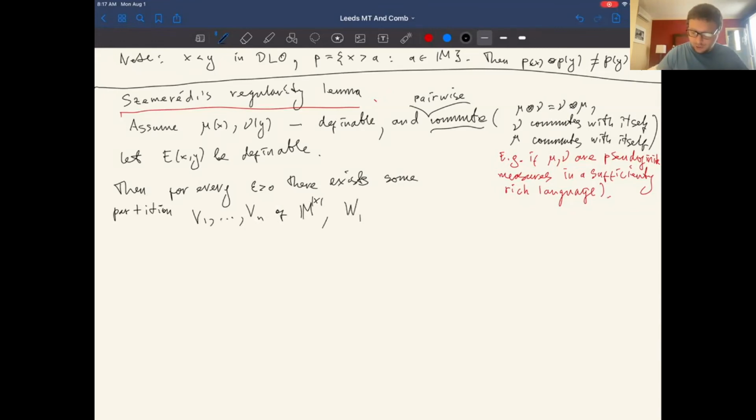Similarly, we have W1 through Wn corresponding to the sort of the variable y.